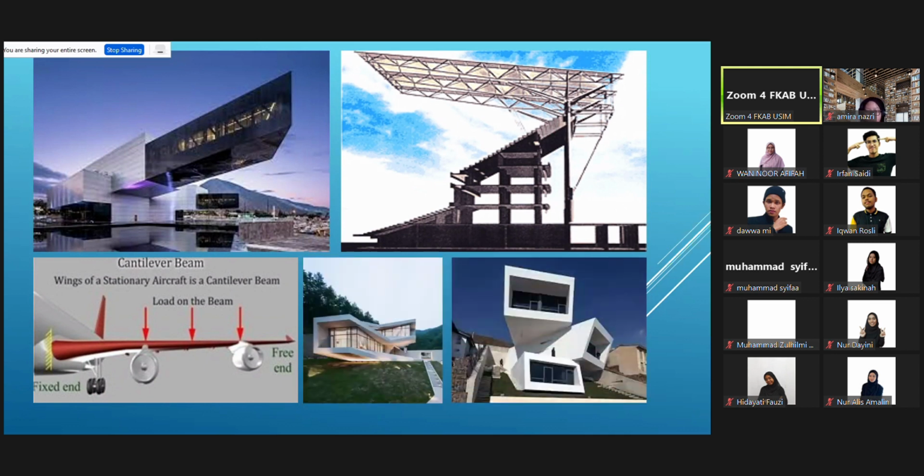this is another innovative kind of cantilever beam that has been incorporated in individual house design. It looks like something coming up from the hill. Visually it looks unsafe, but it is interesting that it is safe. Kalau you tak tahu lah, if you happen to pass this highway from Jalan Duta to maybe the north or to Shah Alam, there are a few houses on top of the hill on the slope.